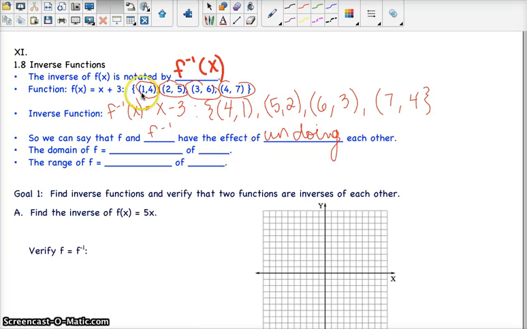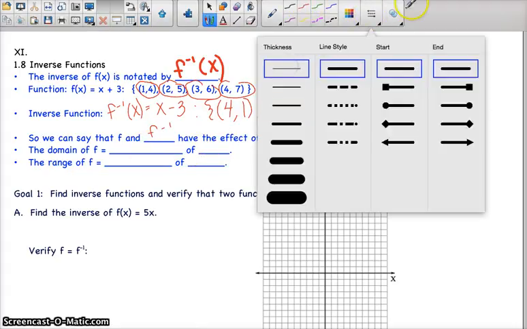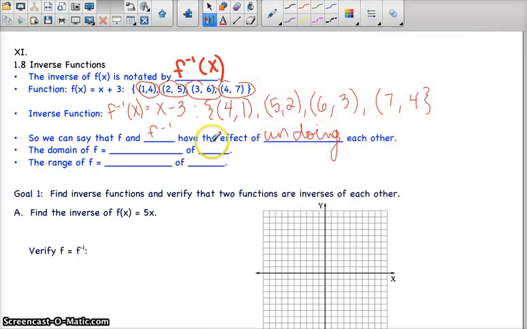We can also say that the domain of f, here's the domain of f, 1, 2, 3, and 4, equals something about the inverse. So compare the domain of f to the inverse function. What do you notice?